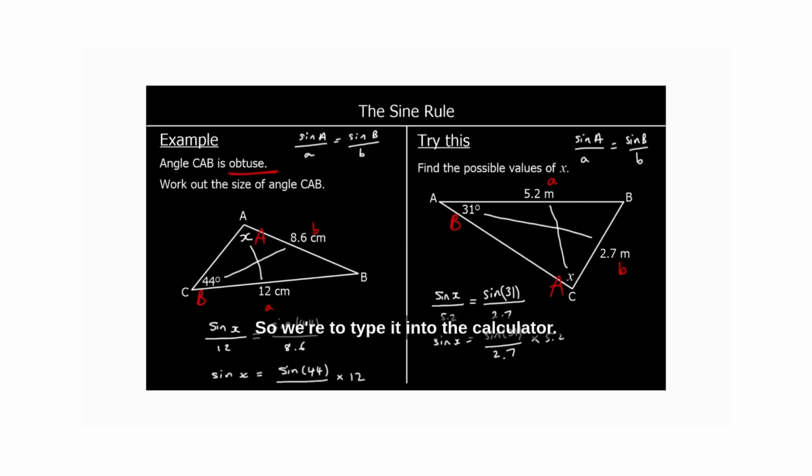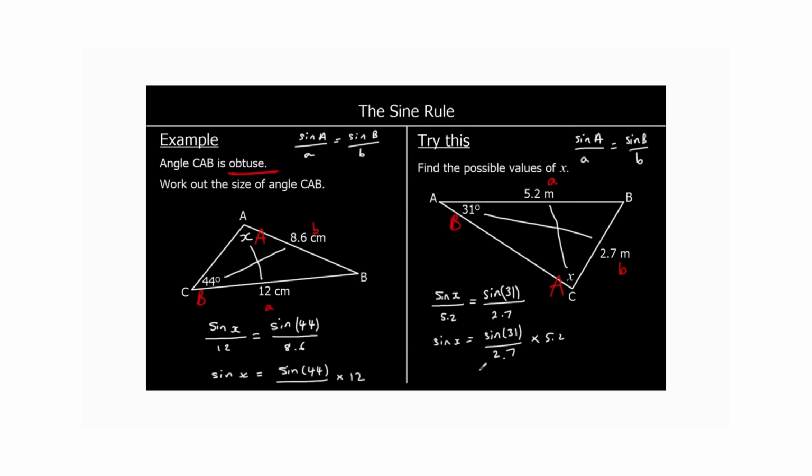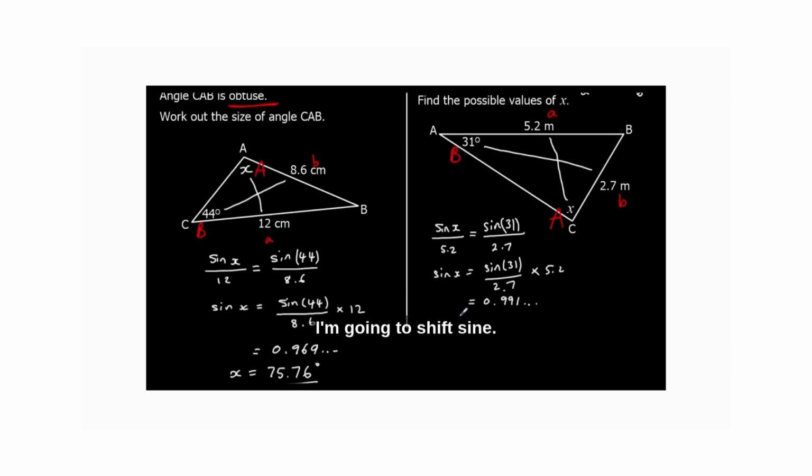So we're going to type it into the calculator. Sine 31 over 2.7 times 5.2. So we've got 0.991 and so on. That's sine x. To get x by itself, I'm going to shift sine.